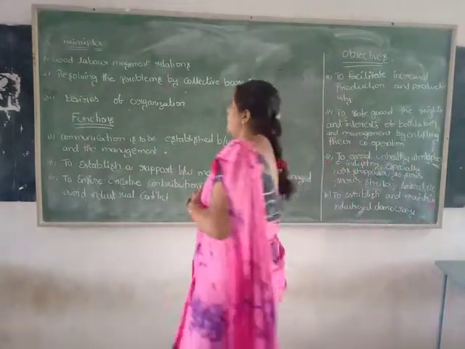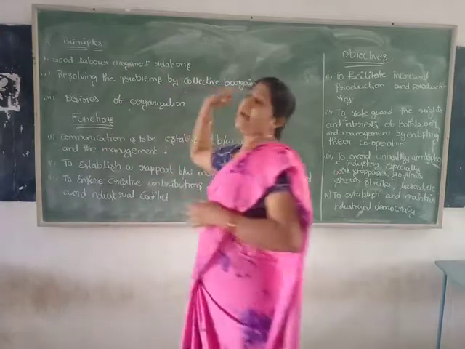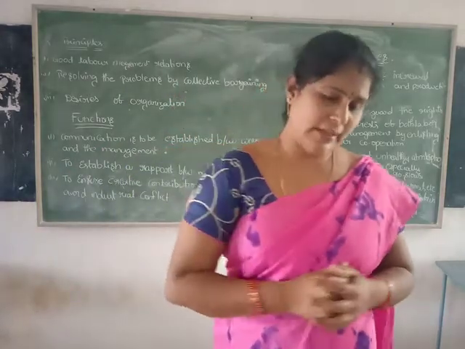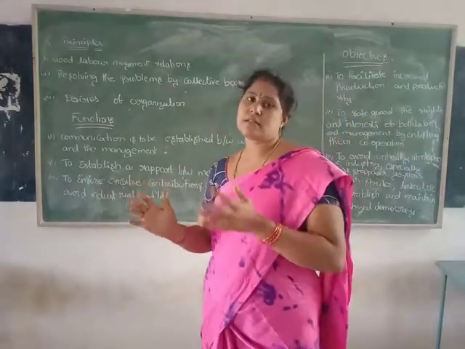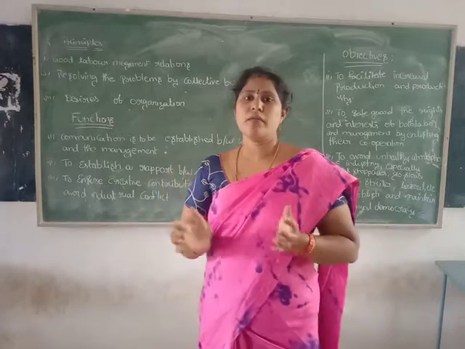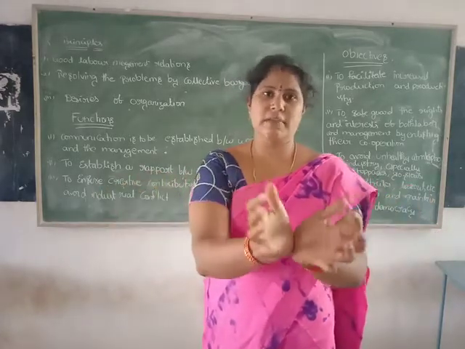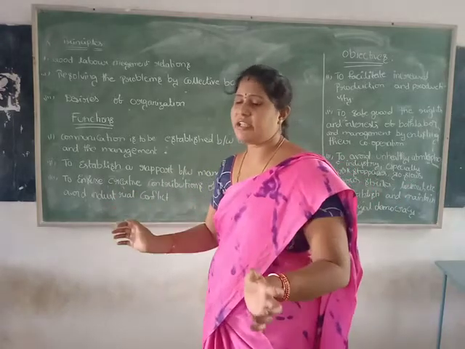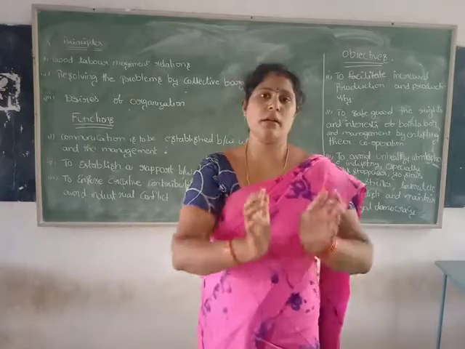Okay, next one: resolving the problems by collective bargaining. My dear students, I want to tell you what collective bargaining means. Collective means taking some pieces and making them into one group, one formation. If there is so much dust or so many things, we will collect them all in a particular bag.